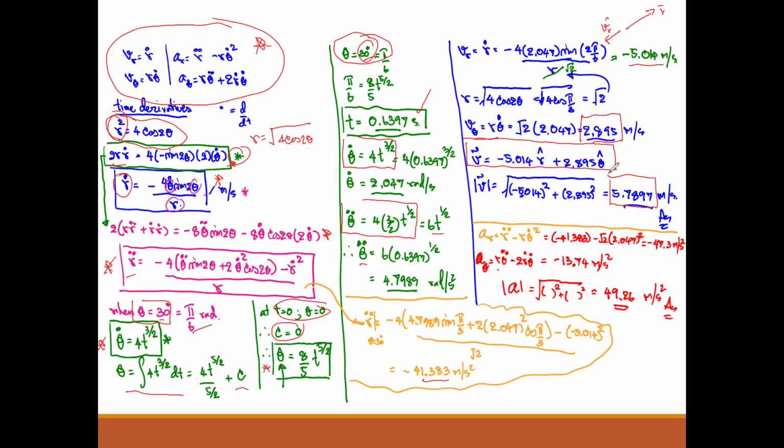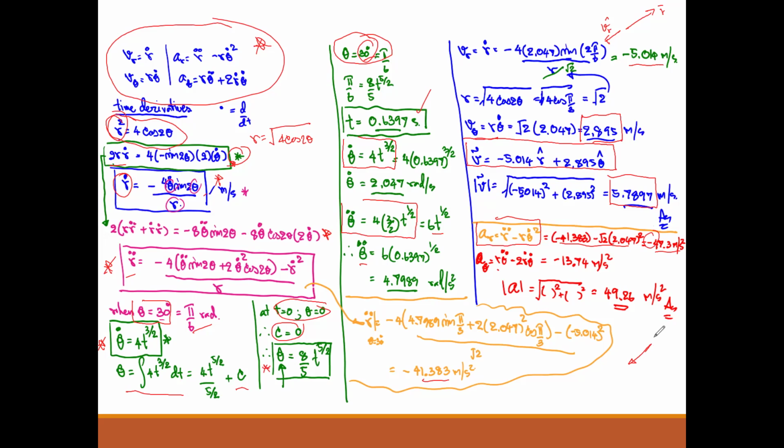For acceleration, we also have two components. We have AR. We use this formula, substitute, and obtain this. AR is a negative value, so that means it goes in the normal direction, inside.